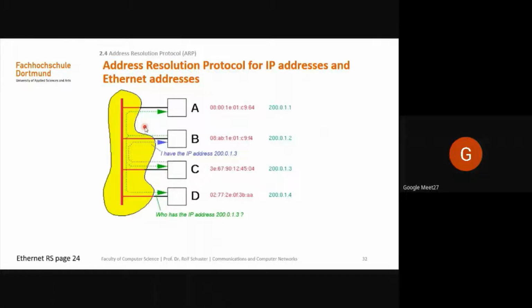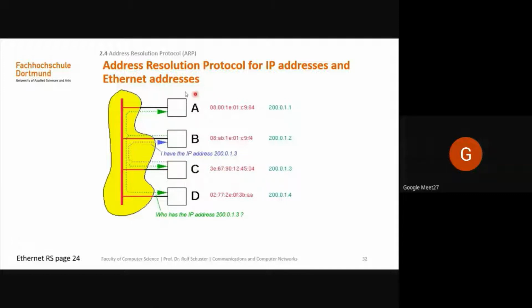The challenge is that in order to send, for instance, the datagrams from one host or one node to another, the node, the host, needs to know which is the MAC address associated with the destination IP address.